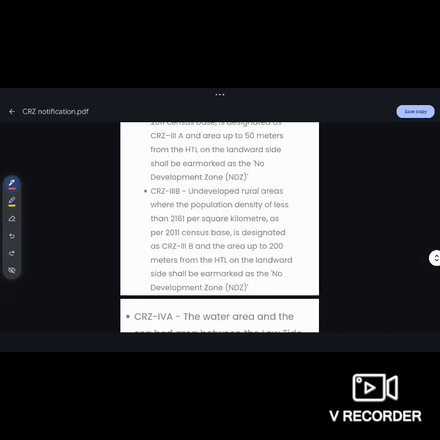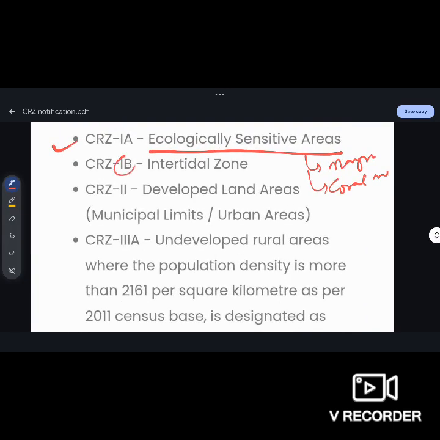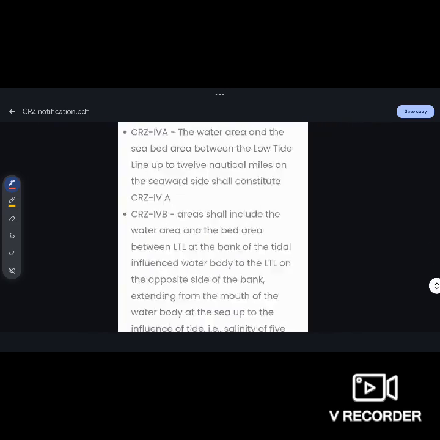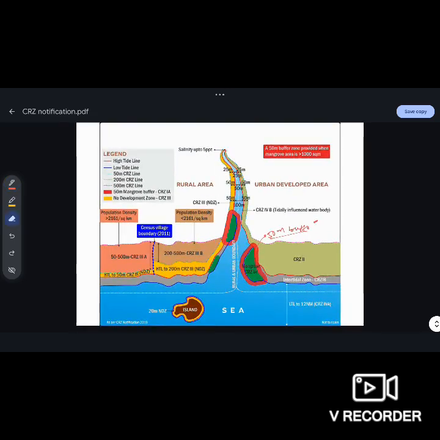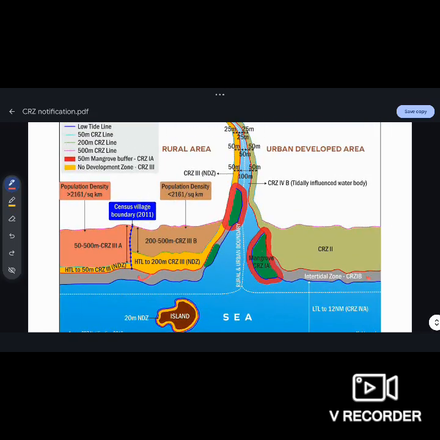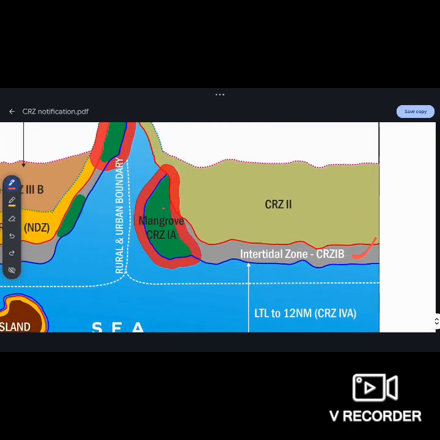Now let's move on to the second category, CRZ 1B. This is the intertidal zone. We have already discussed what the intertidal zone is. Under this diagram, all the areas with gray color, you can see on both sides, on the left side and also on the right side, are the intertidal zone.